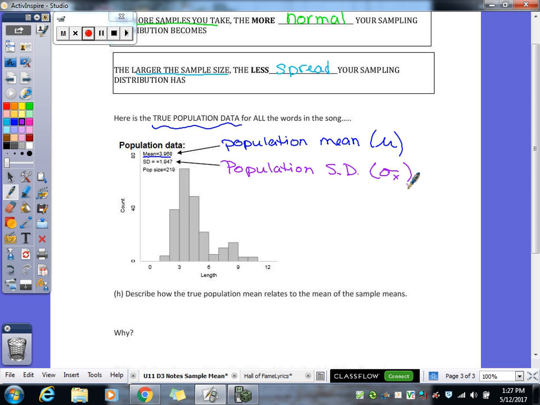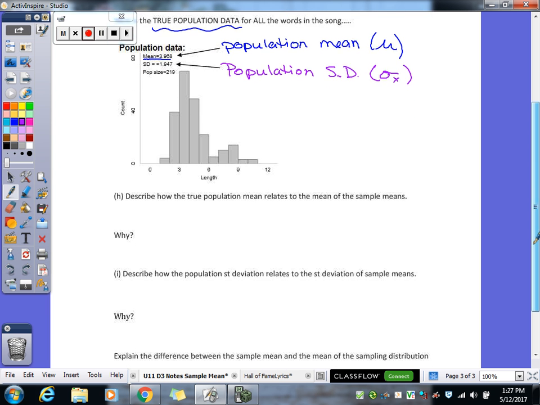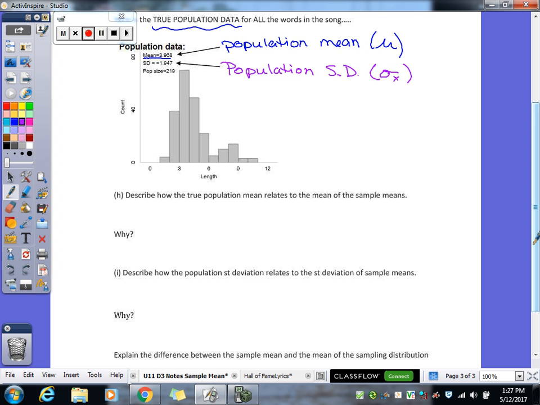So if we look at that, we have a mean of 3.9 and a standard deviation of 1.9. How does the true population mean relate to our sample means that we found? What did we say our mean was back on the last page? 4.1. So we said our sample mean was 4.1. How does that compare to the 3.9? It's pretty close to each other. Were we off by a lot?